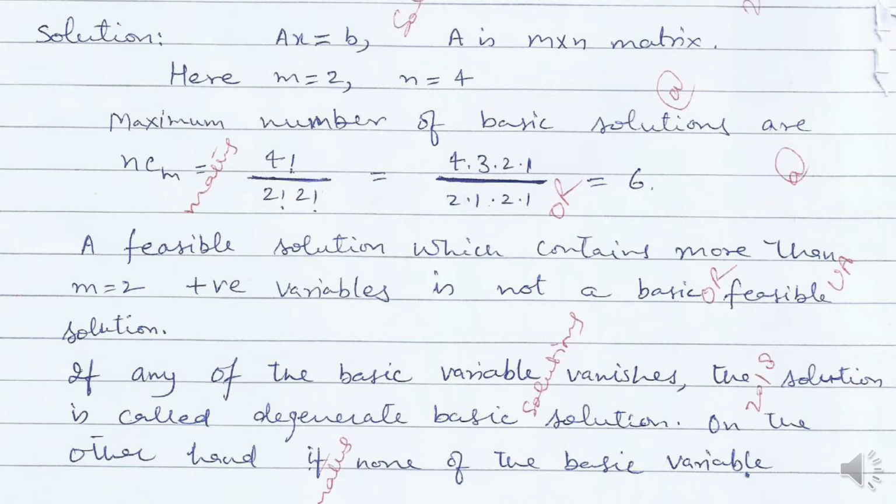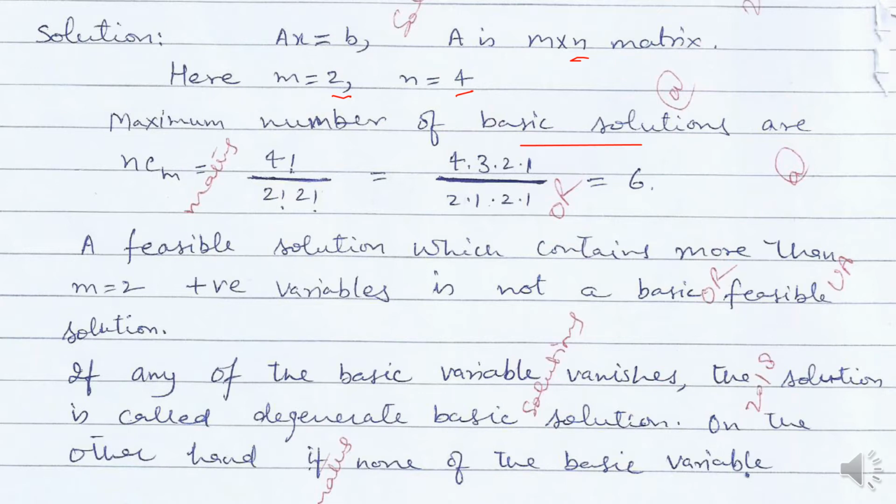So the right hand side is 12 and 8, and A is an m by n matrix. M is the number of rows, so there are 2 rows, so m is equal to 2. N is the number of columns, so there are 4 columns, n is equal to 4. The maximum number of basic solutions is given by the nCr formula: n factorial upon m factorial into n minus m factorial.